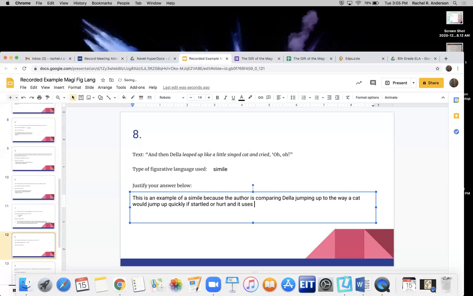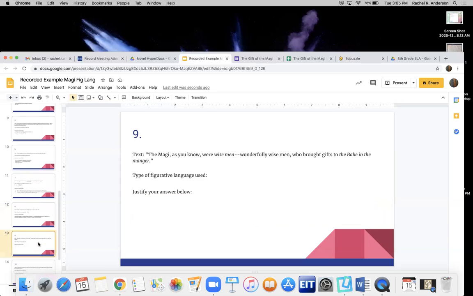And it uses like in the comparison. So that's how we know that it is a simile. Okay. And I apologize too. My talking and typing simultaneously is not a very skillful articulation. So go ahead and pause that. Make sure you got that down. Fix your paper. Do what you need to do. And let's move on to number 9.